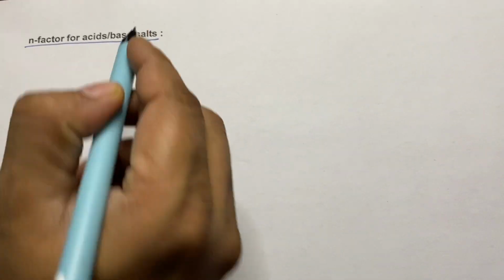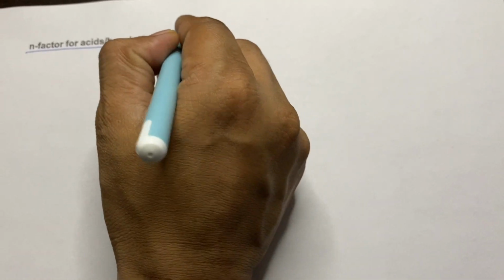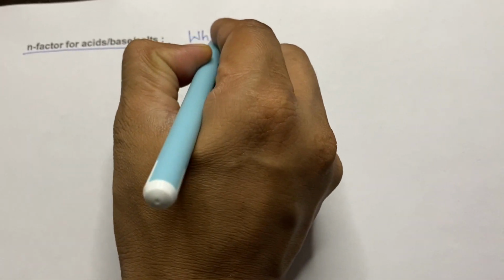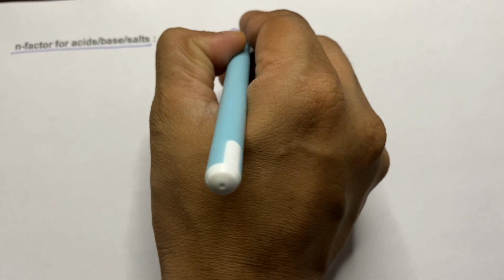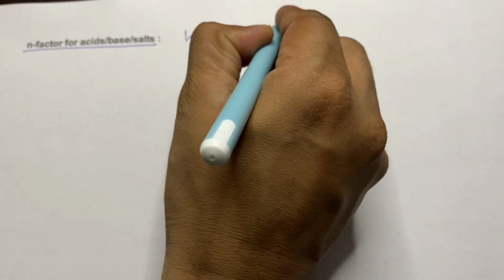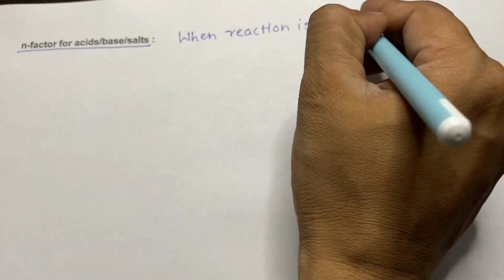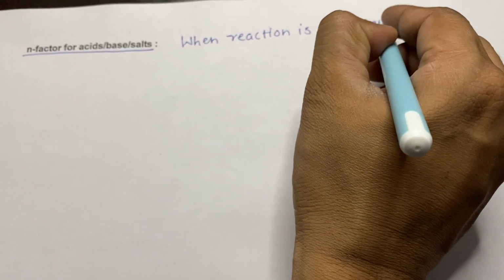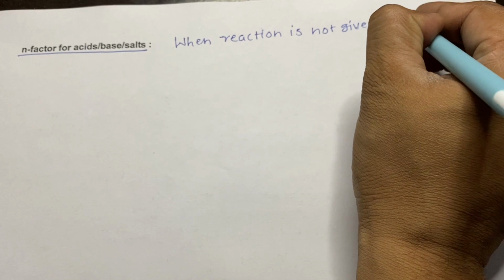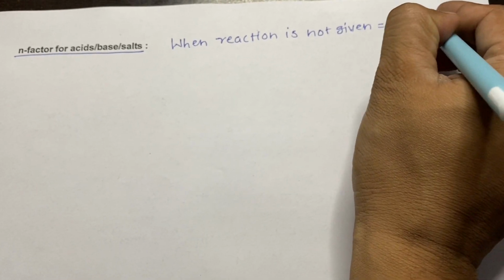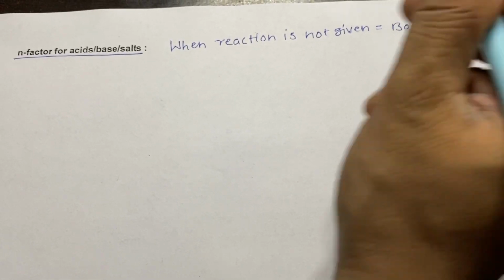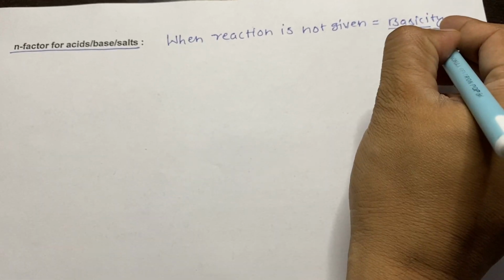Let's start with how we can calculate the n factor of acid and base. So the n factor of acid, when the reaction is not given, will be equal to its basicity. And what is meant by basicity?